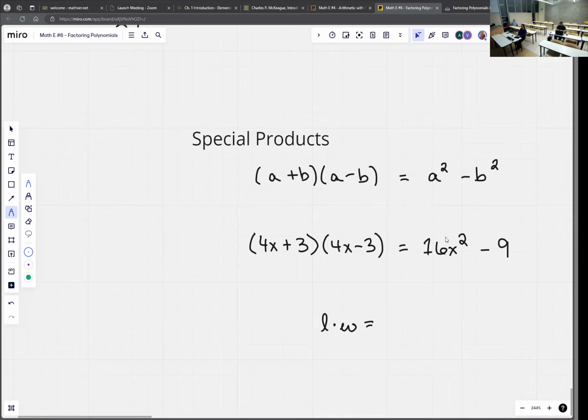So what's 16 times 9? 9 times 6 is 54. 144. And we want the length and width to add up to something. In this case, it's 0, right? There's a 0x hiding here. Isn't that negative 9, so it'd be negative 144? Yes, it is, thank you.